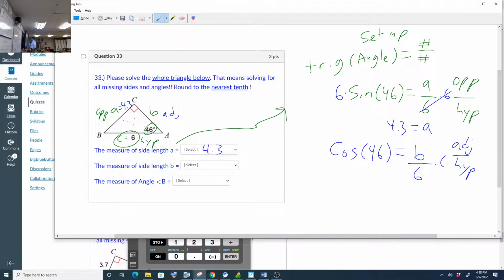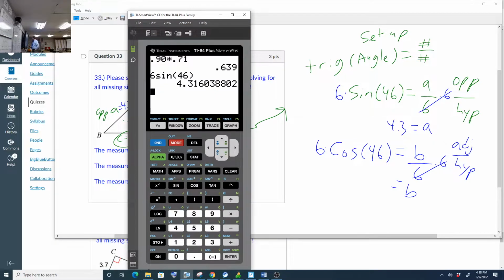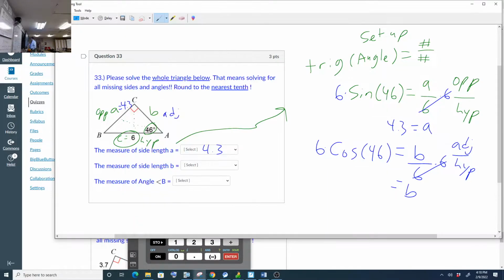Again, we multiply 6 to the other side to get what little b is. We'll try to do an easier triangle like this on the test, because I really like this one. That gives us 4.16, which rounds to 4.2. So little b is going to be 4.2.